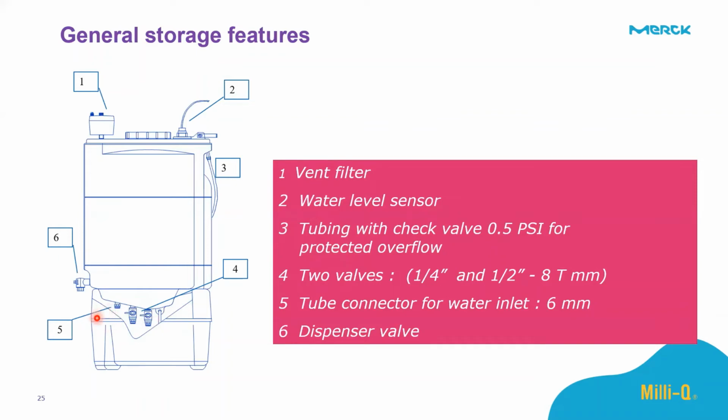And of course, number 5 is the inlet, and we also have the valve where you can dispense water from. But also very important is the shape of the tank down here, which should be cone-shaped to make sure that during maintenance, you're able to drain this water fully. And the shape of the tank should also be round to make sure that we don't have corners where bacteria can find a conducive environment to grow. So the vent filter and the shape of the tank down here are very important.